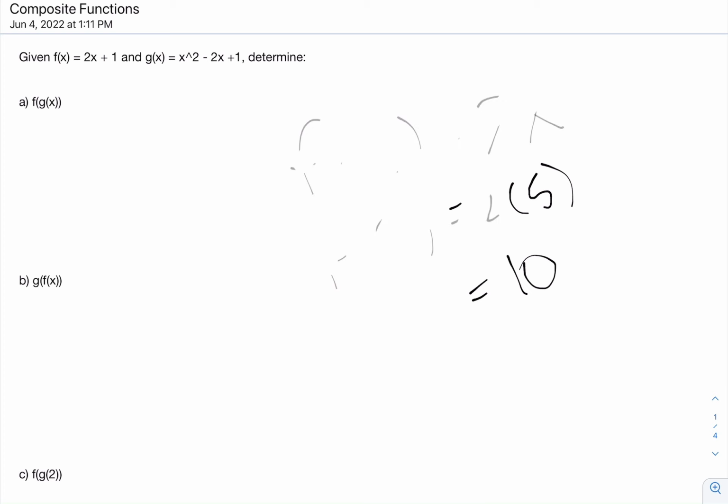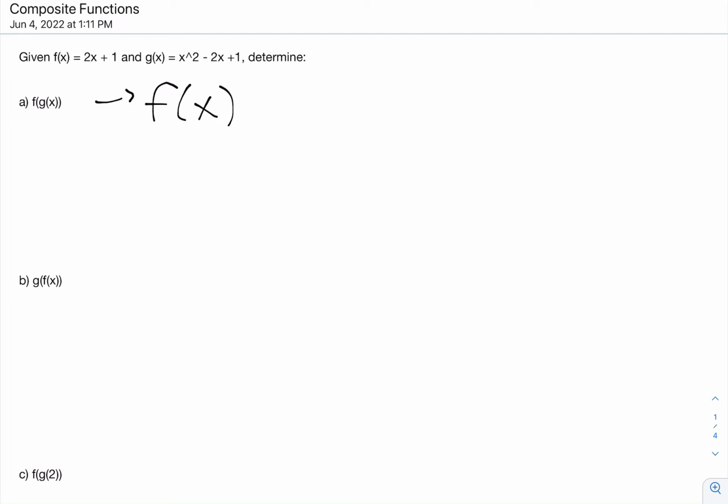Okay, composite functions are similar, except, for example, for this one, we're looking for f of g of x. So typically, right, we're used to seeing just f of x. So if we're seeing f of x, this is the function f evaluated at x.